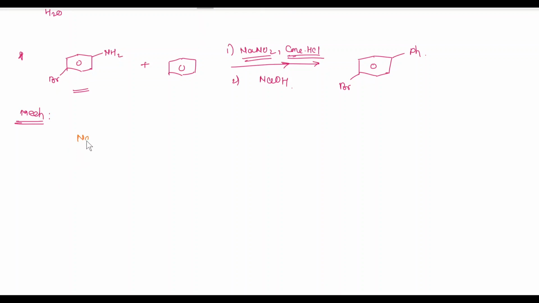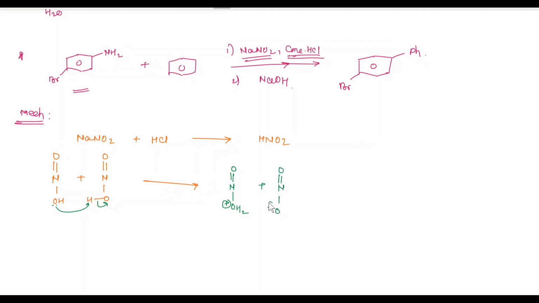So in the first step, NaNO2 plus HCl gives HNO2. Two molecules of HNO2 react with each other like that. The lone pair of oxygen abstracts this hydrogen, this bond opens on oxygen, and we get oxygen double bond nitrogen bond OH2 positive plus oxygen double bond nitrogen bond oxygen negative.